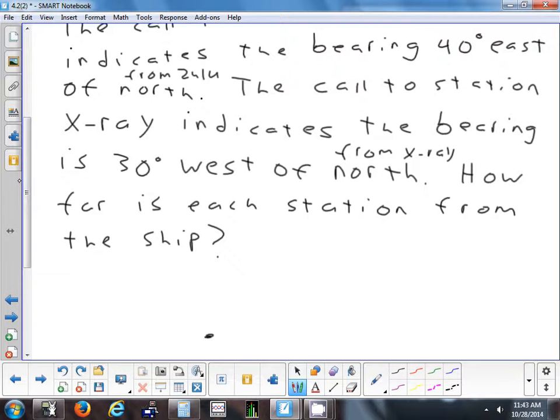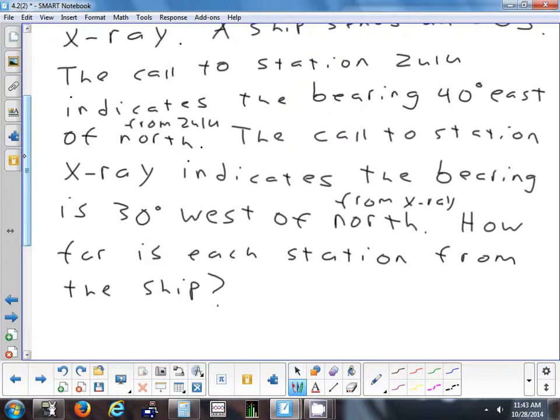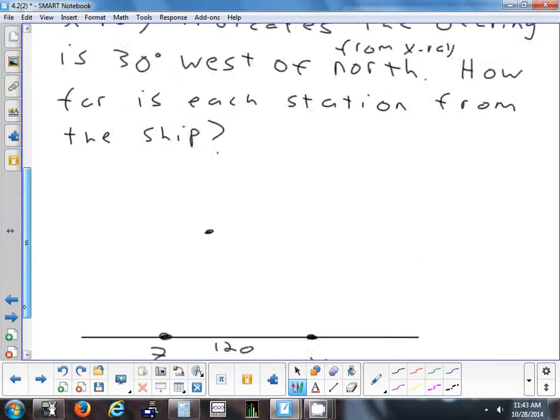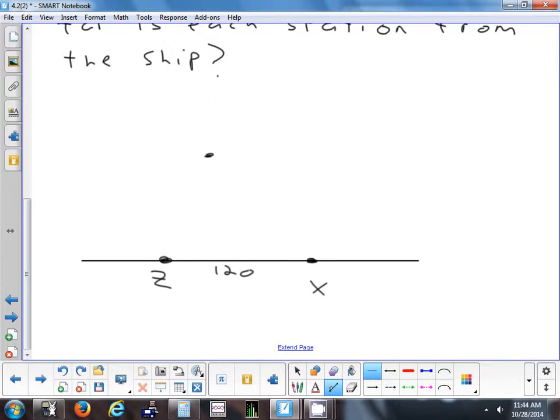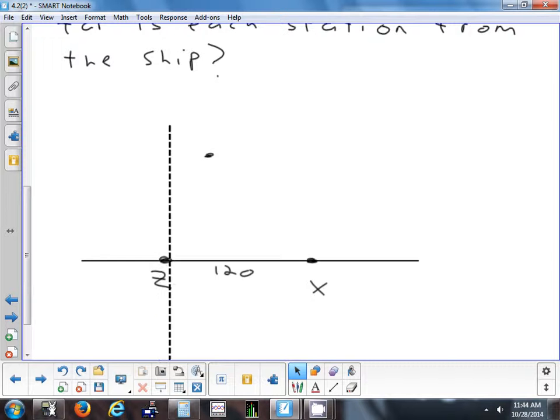Now we're going to look at the two bearings of the radio signal that came in. So the first one, from Zulu, they can tell that the boat is somewhere on a bearing 40 degrees east of north. Okay? So let me draw a kind of a compass so you can see that. North and south would be a line that goes straight up and down. East means to the right.